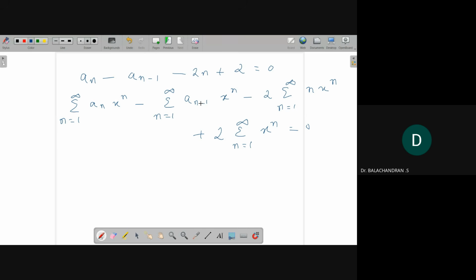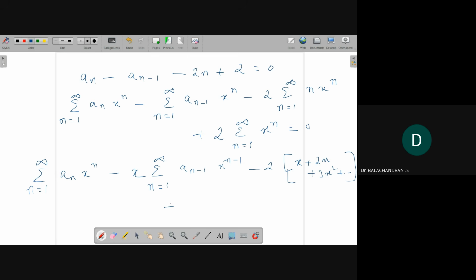Here what? n minus 1. So summation n equal to 1 to infinity an into x power n minus, take x common, summation n equal to 1 to infinity an minus 1 into x power n minus 1, minus 2 into, if I substitute n equal to 1, you get x; plus 2 means 2x, 3 means 3x square, plus and so on.